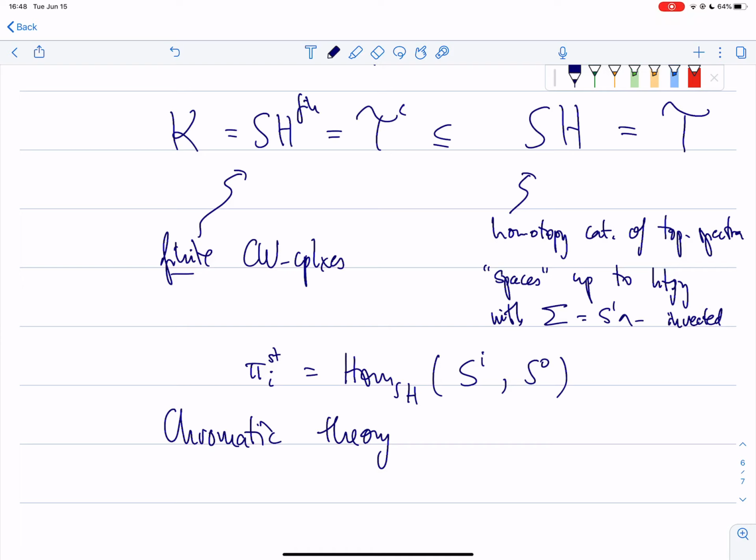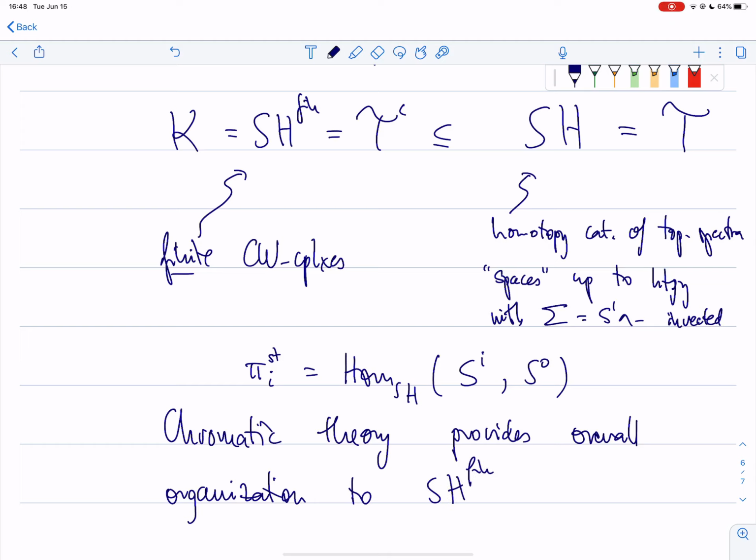And let me say very vaguely, it provides an overall organization to the finite spectra, with the goal of studying those stable homotopy groups.